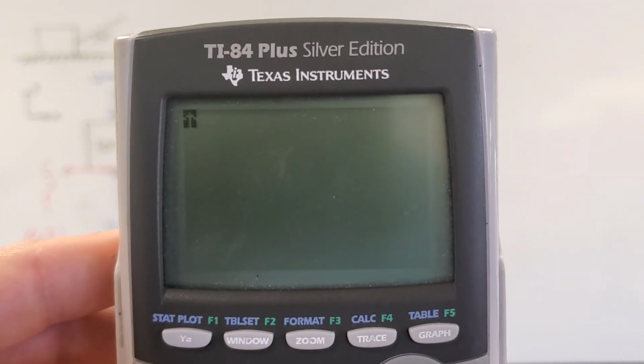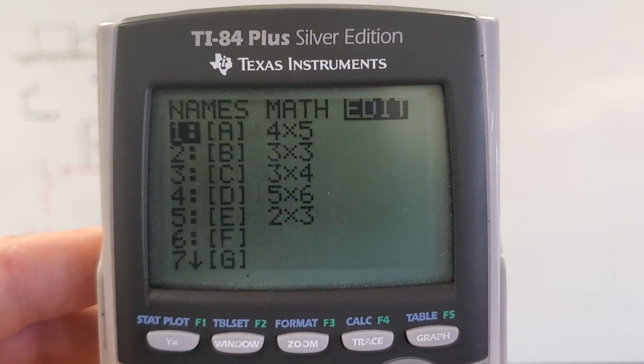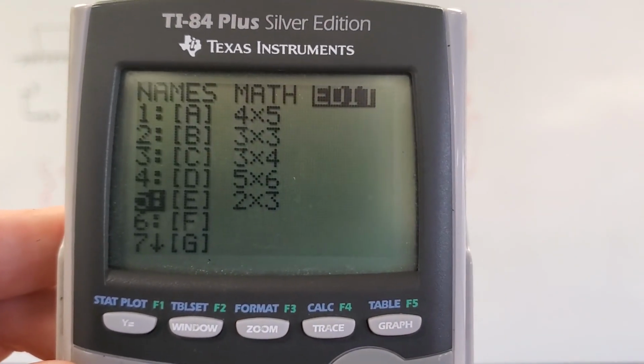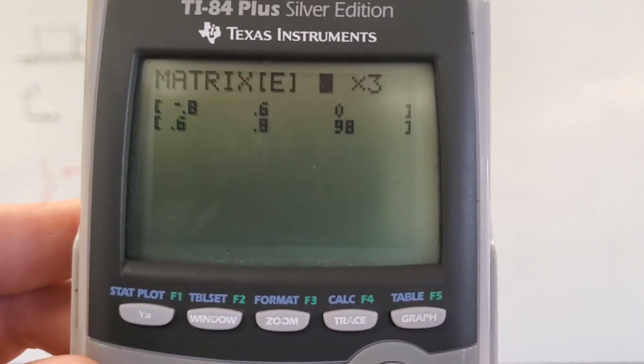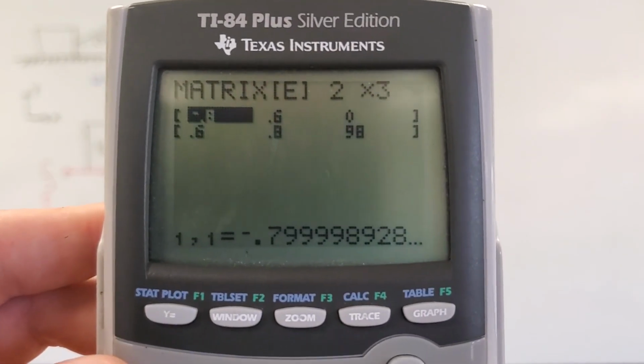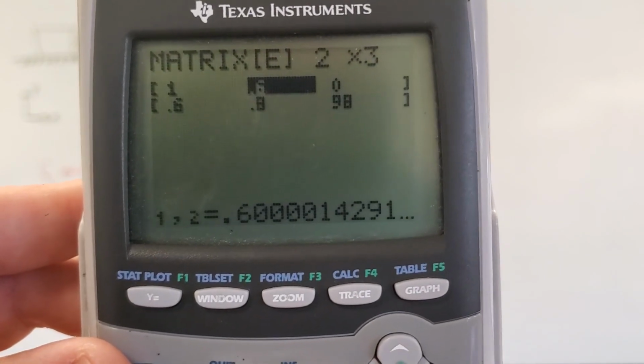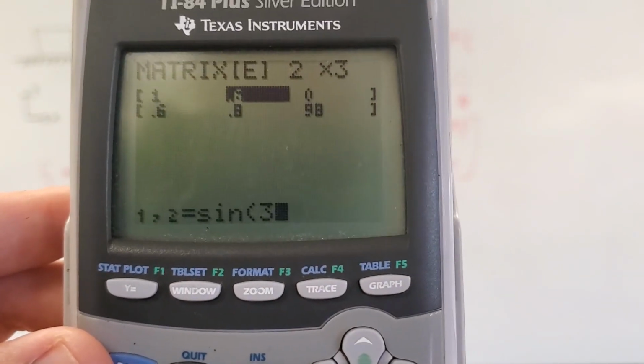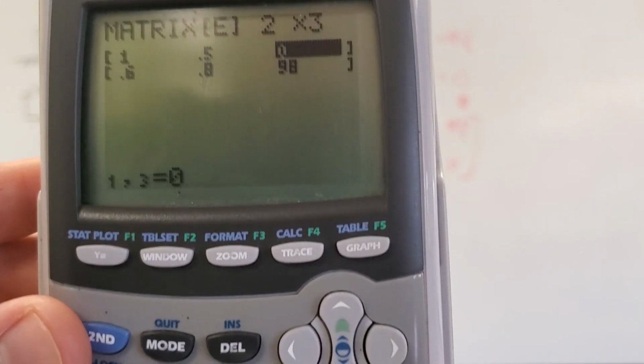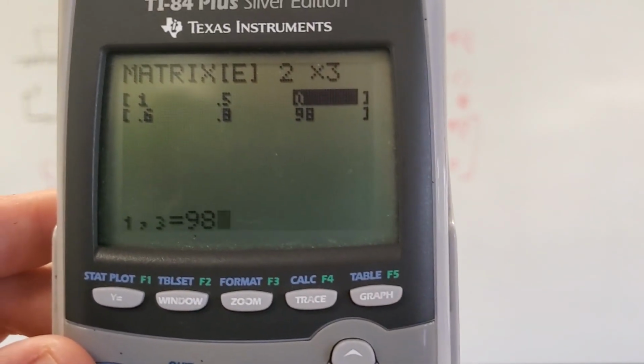So we go to second matrix. I want to go over here and edit, and I already have a 2 by 3 matrix down here to edit. So that is good. Our matrix was a 1, a sine of 30 degrees, a 98.